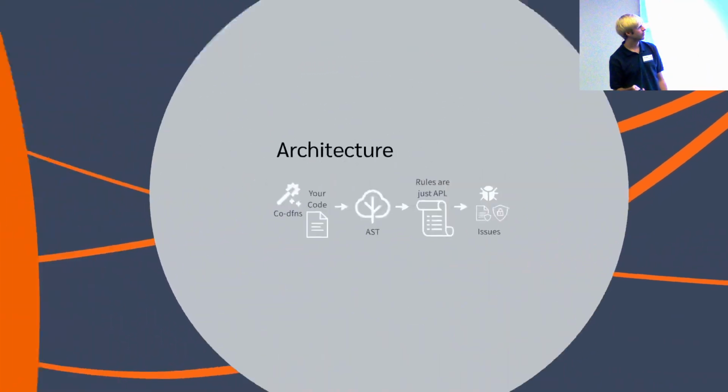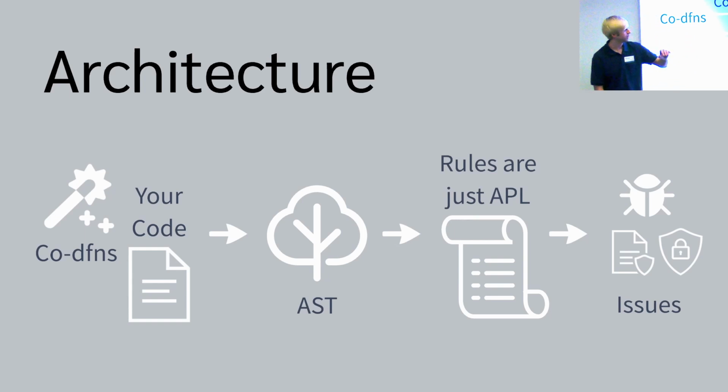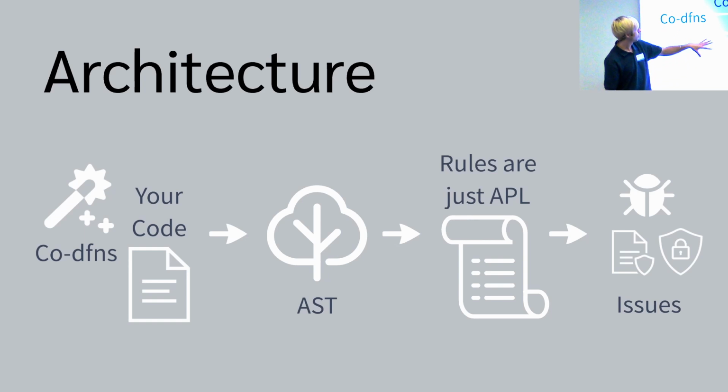And the overall architecture, Morten also mentioned a lot of this, but we're integrating with Co-dfns. The basic structure is that Co-dfns will spit out a highly semantic tree, this abstract syntax tree, the AST. So it'll take your code, push it through Co-dfns, and then spit out this AST when Co-dfns is done.